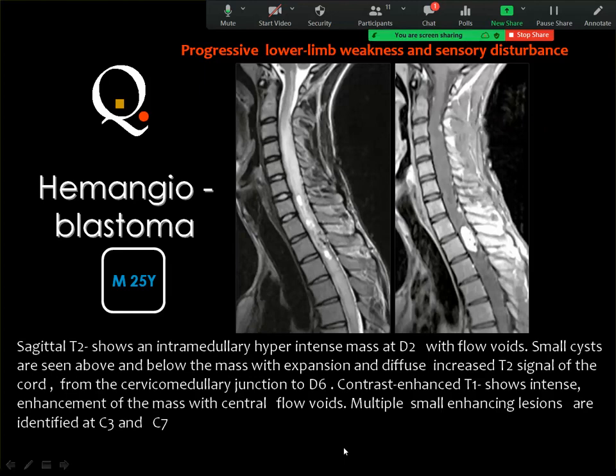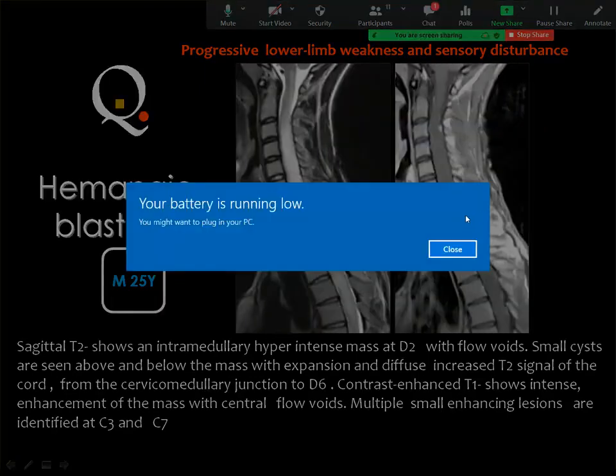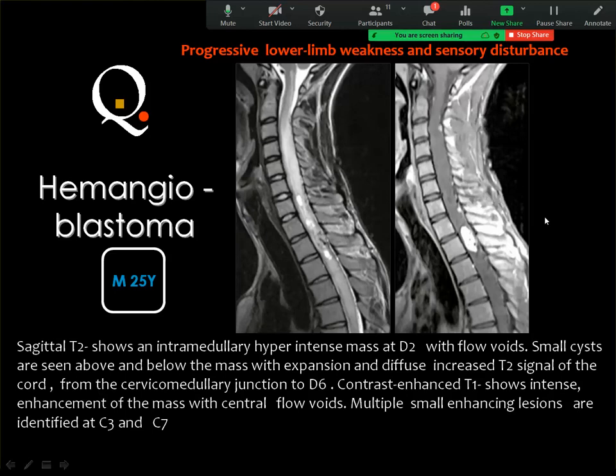And if you see multiple lesions, then you should consider that hemangioblastoma can occur in multiplicity in patients with von Hippel-Lindau syndrome. And you may say that I cannot see a cystic lesion or a cystic component around the solid component, and this occurs frequently in the spinal cord.